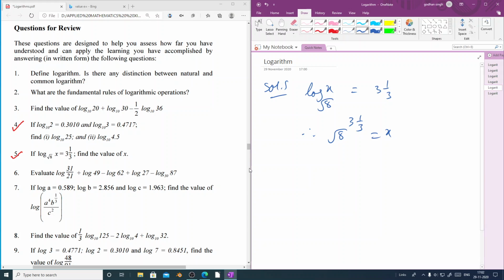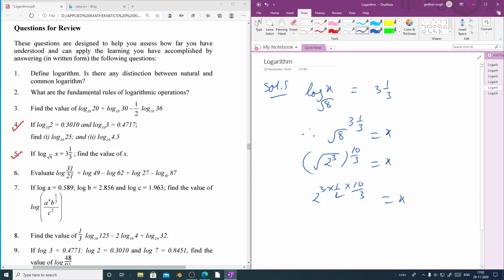Root 8 we can write as 2 cube under a root, so 3 into 3 is 9, 9 plus 1 is 10, so 10 by 3 equal to x. Root means the power is 1 by 2, so this will become 2 raised to 3 with outside power 1 by 2, and then we have this 10 by 3, so into 10 by 3 equal to x.